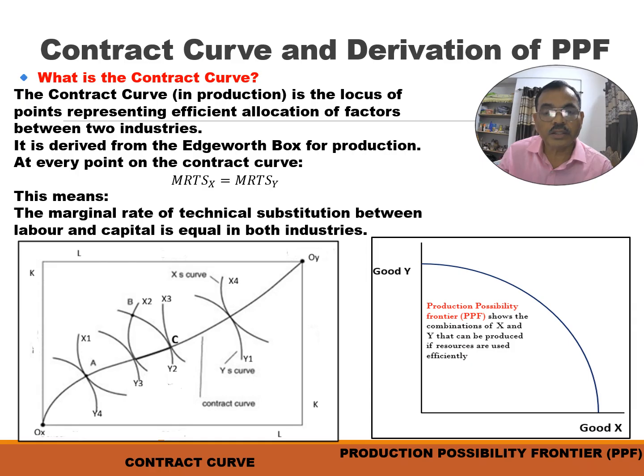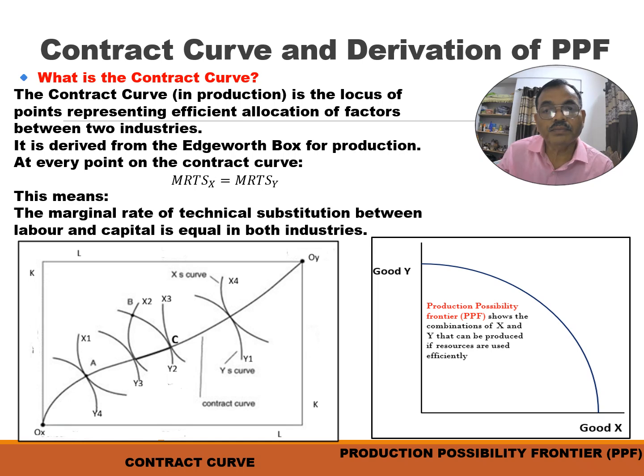On the horizontal axis we measure labor and on the vertical axis capital, and it has two origins, one for x good and another for y good.